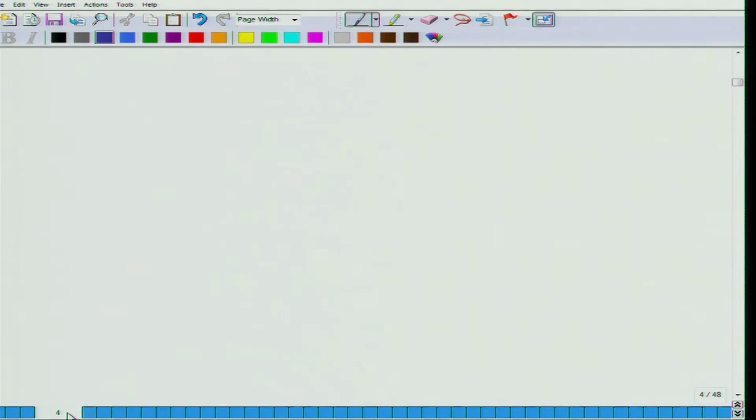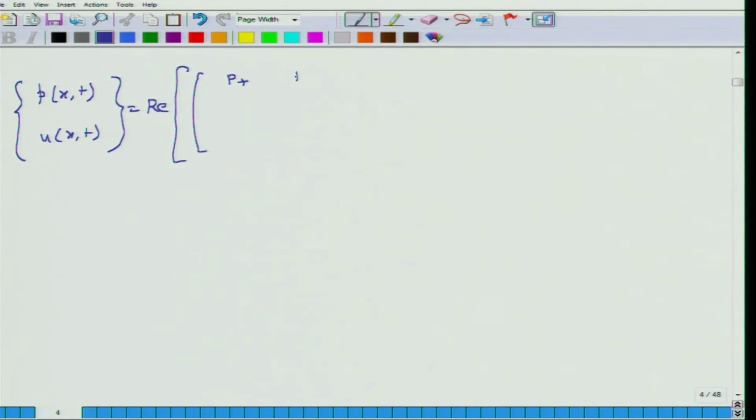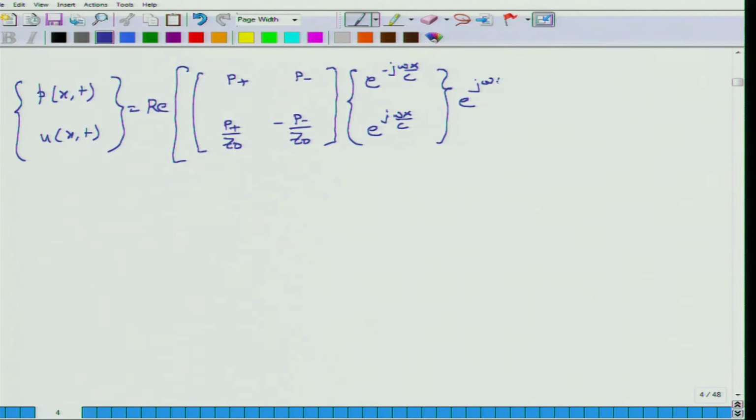So finally I get two sets of equations, P of x and t and U of x and t, and I am going to write this in matrix form: it is nothing but the real of the matrix with P plus, P minus, P plus by Z naught, P minus by Z naught, multiplied by e to the minus j omega x over c, e to the j omega x over c, times e to the j omega t, where Z naught is the characteristic impedance, and that equals rho naught c.